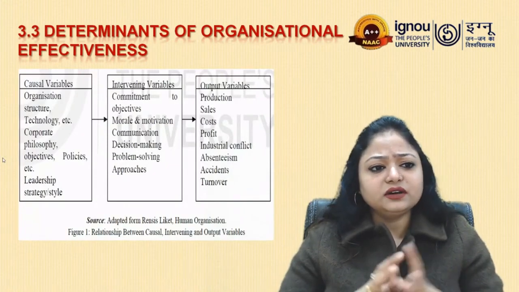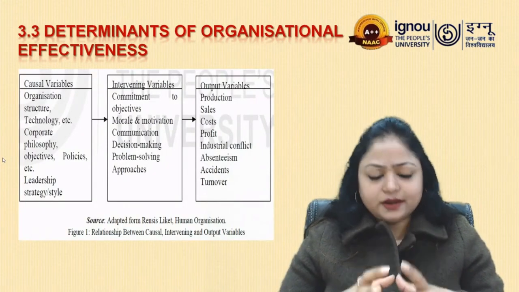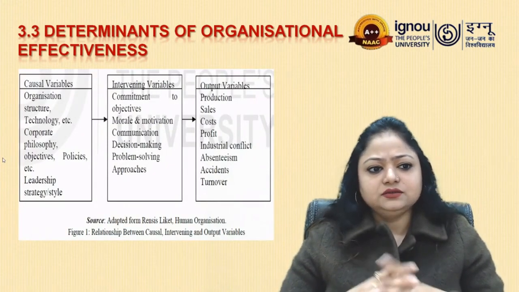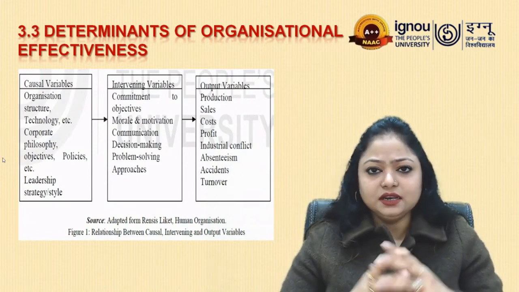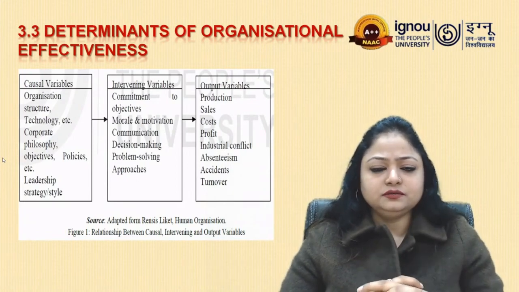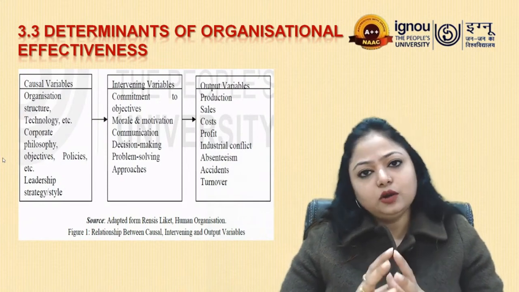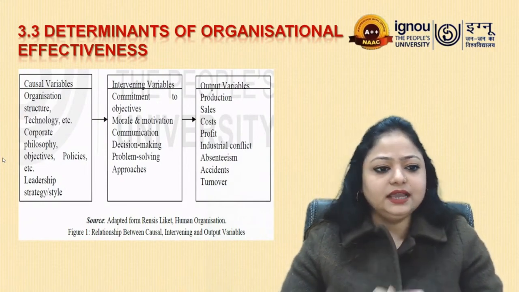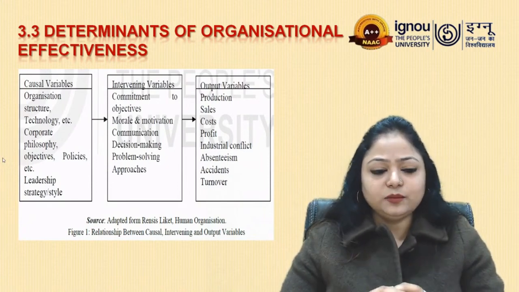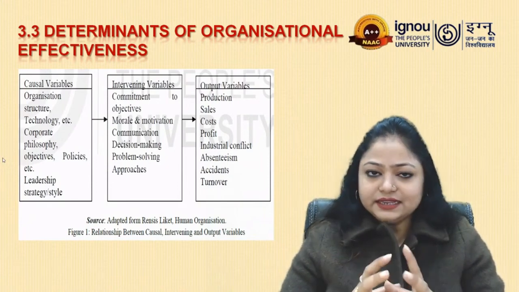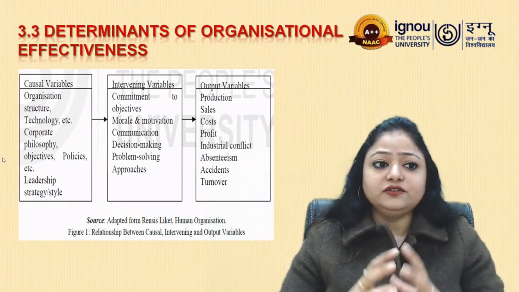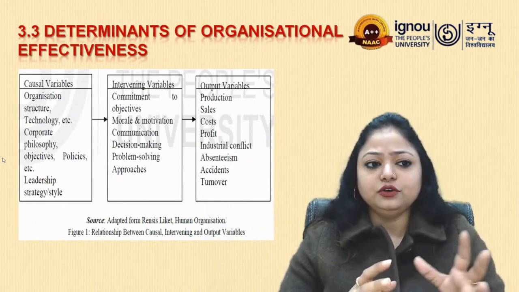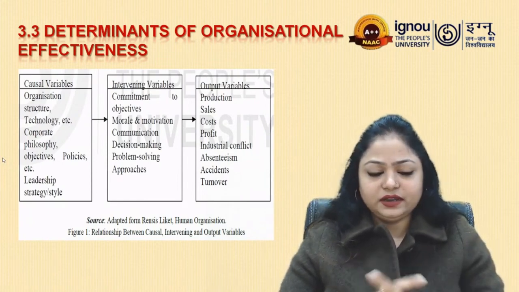Here we see that organizational structure, technology, corporate philosophy of the organization, top level management, objectives of the organization, policies, procedures, the leadership style, the leadership strategy or management style are the various sub variables or factors which contribute to the causal variables in the organization.